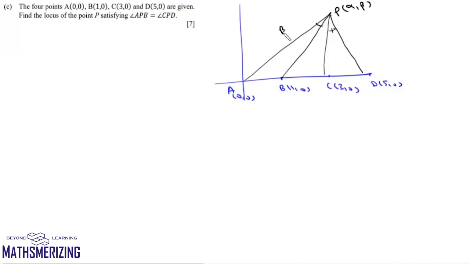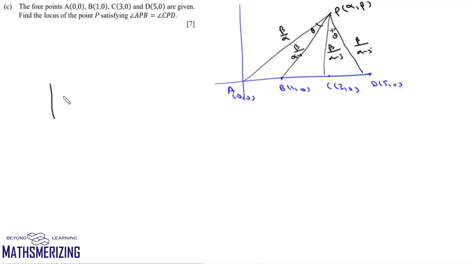So this slope will be beta upon alpha. It will be beta upon alpha minus 1. This is beta upon alpha minus 3, and it will be beta upon alpha minus 5. Now tan theta is m2 minus m1 upon 1 plus m1 m2.